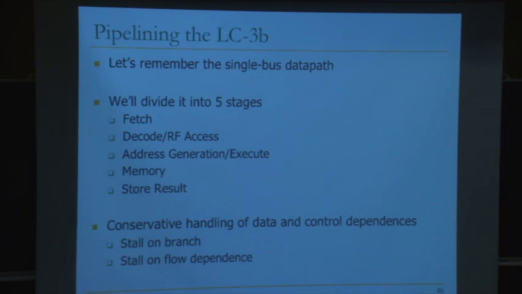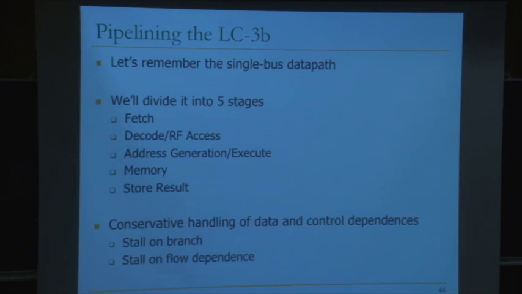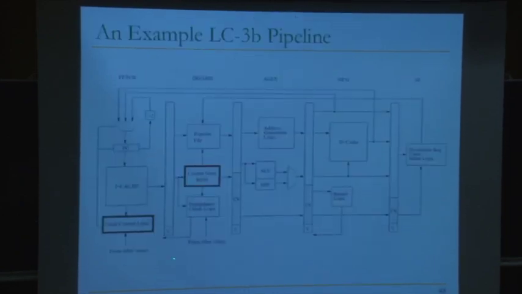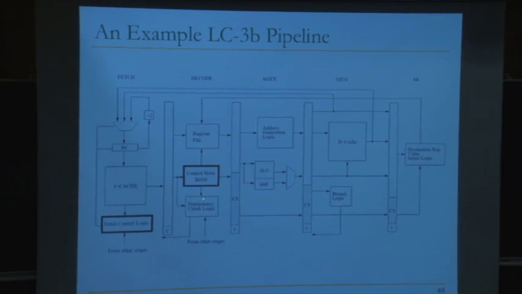It's a conservative pipeline design. Basically, it stalls on a branch, and we will see why this is so bad in the next lecture in detail. And it stalls on flow dependence, and you've seen why this is so bad in this lecture, right? And the design looks like this, basically. It's a design that has valid bits. It has a control store ROM, and these are the control signals.